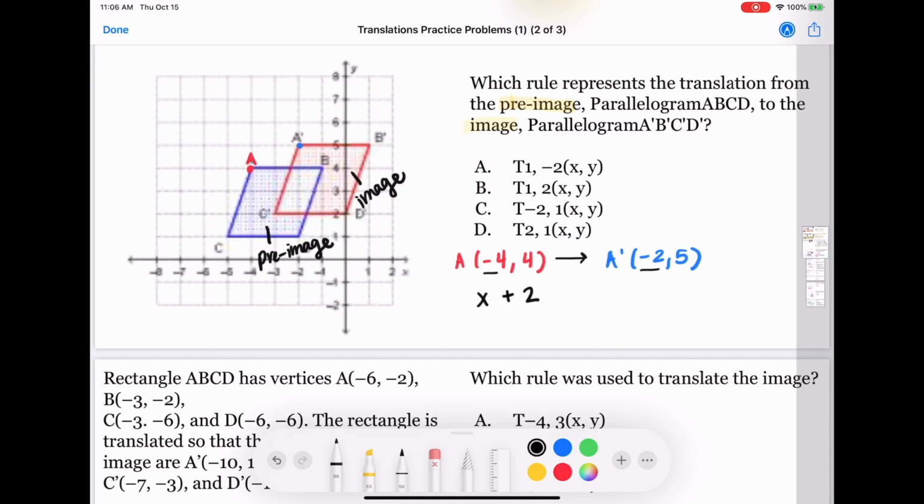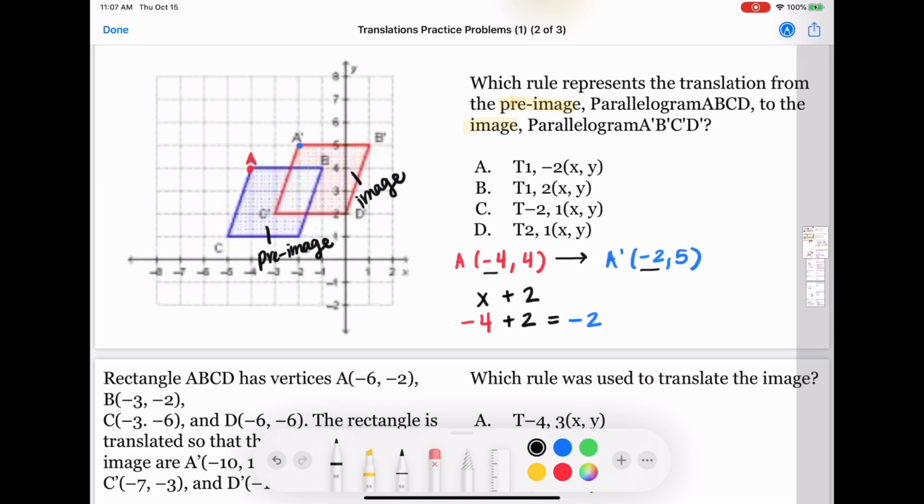What does this look like? Well, it looks like us taking the original coordinate of A, adding 2, and arriving at the coordinate of the image, -2. So we can determine that in order to get from -4 to -2, we must add 2.